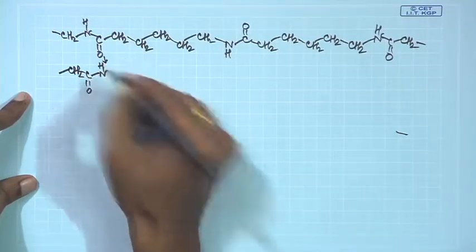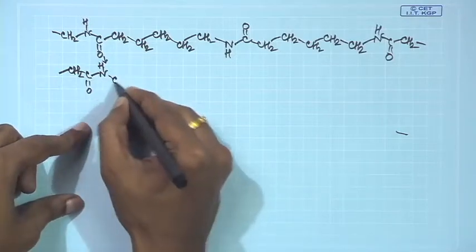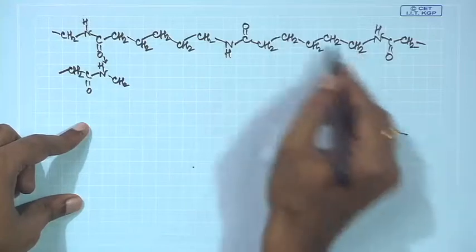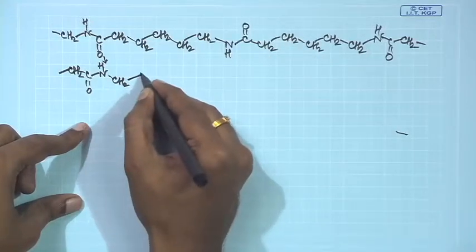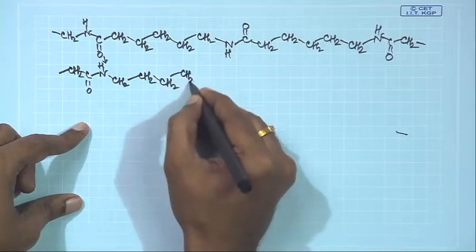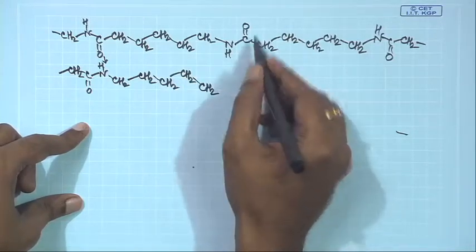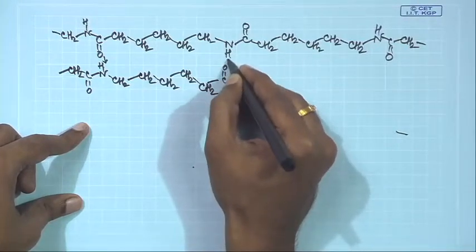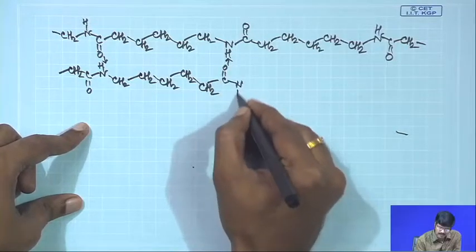NH. So, you have a hydrogen bonding interaction that is realized here, and then because you have inverted, you are coming from this side. So, 5 CH2 units, 1 2 3 4 5, and then you have a carbonyl unit again, carbonyl hydrogen bonding possible, and then you have an NH.